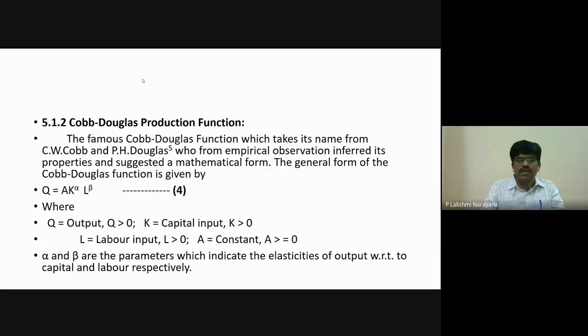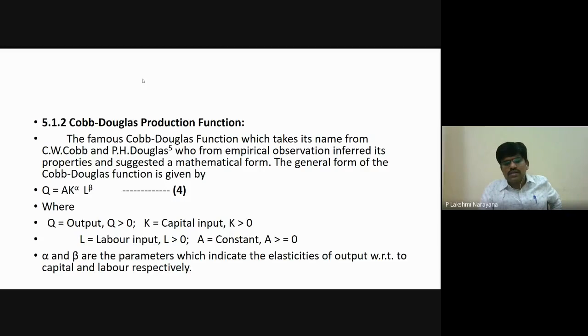The general form of the Cobb-Douglas production function is given by Q = A K^alpha L^beta. This is also a very important equation.